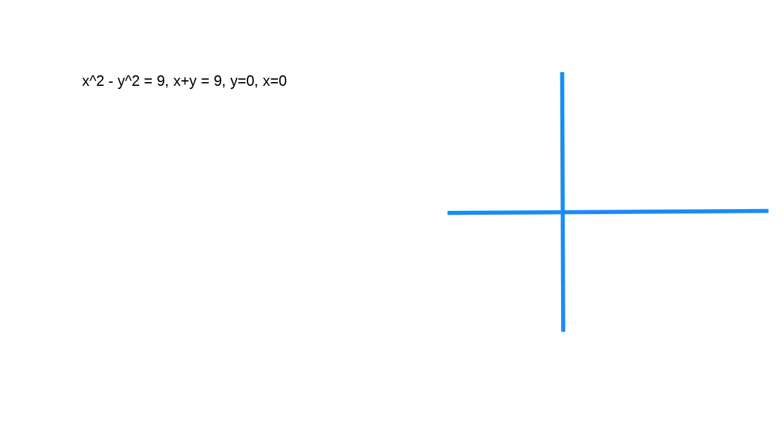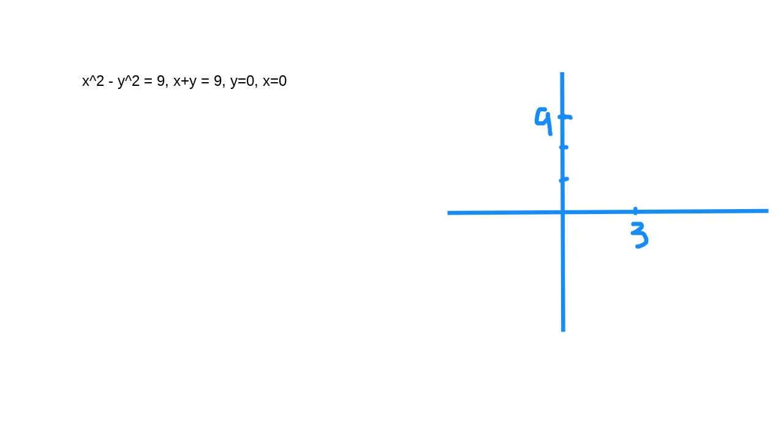But also our region is bounded by x plus y equals 9. So if x equals 0, y will be 9. This is 3 for y-axis. This is 6. This is 9.